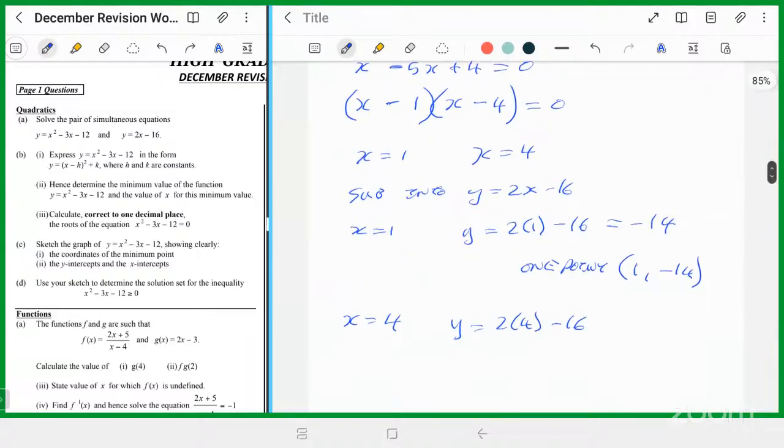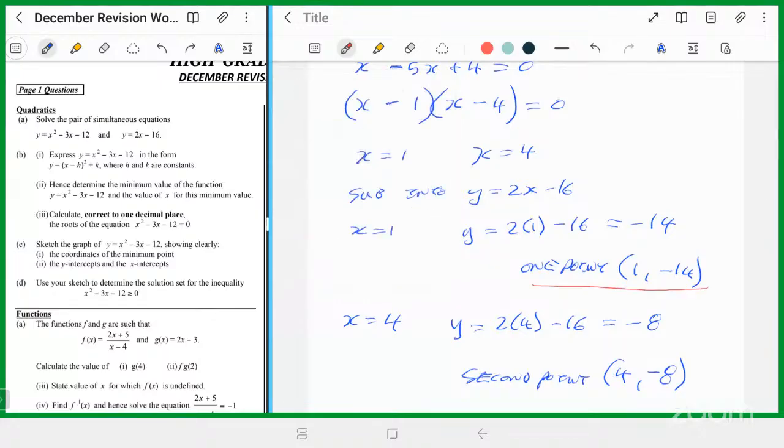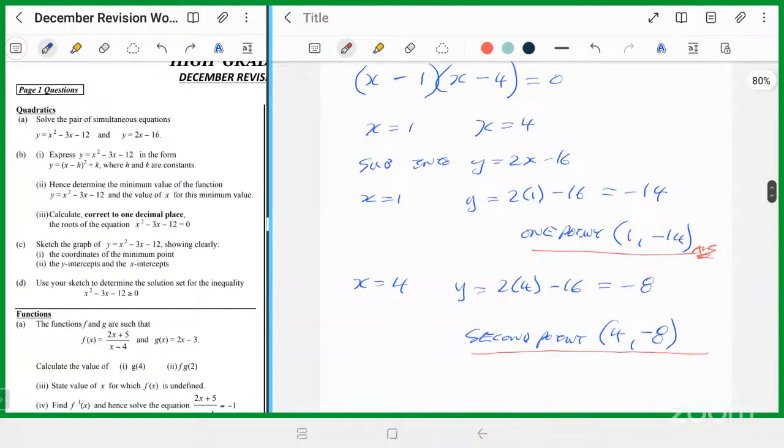Now, 2 times 4 is 8. 8 minus 16 is negative 8. So the second point of intersection is this: x value 4 and y value negative 8. And so that's your solution. So that's one solution, that's the answer. And that's the other one, second point, that's the answer.